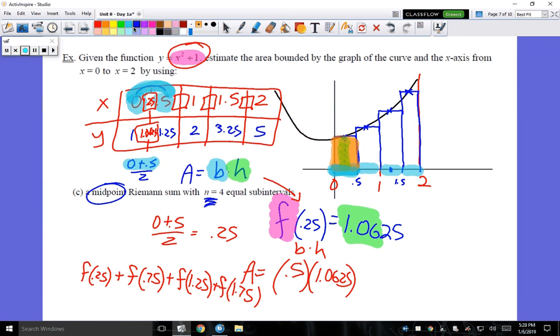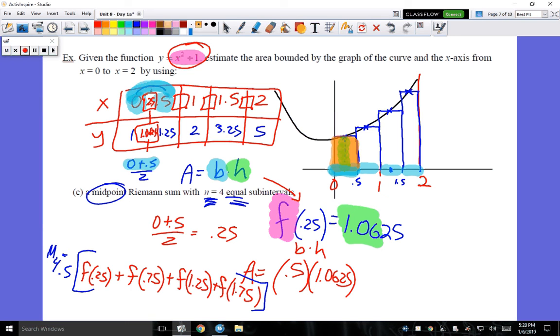GCF'd out, all of these are equal subintervals with a width of 0.5, not to be mistaken with 0.25, and midpoint sub 4 would be your answer here.